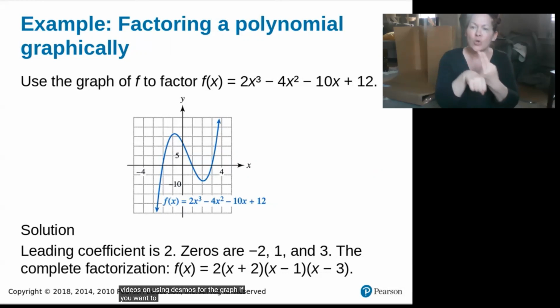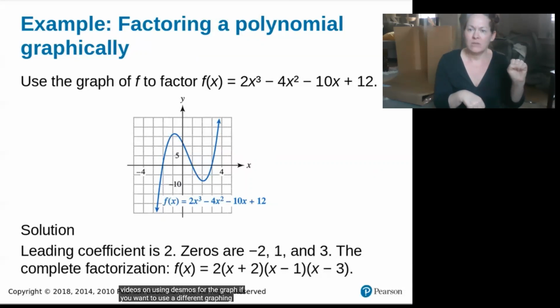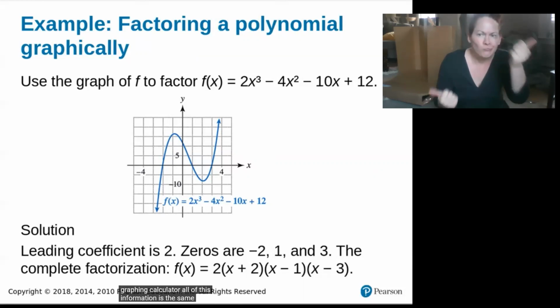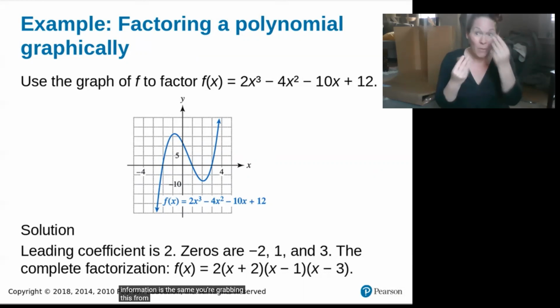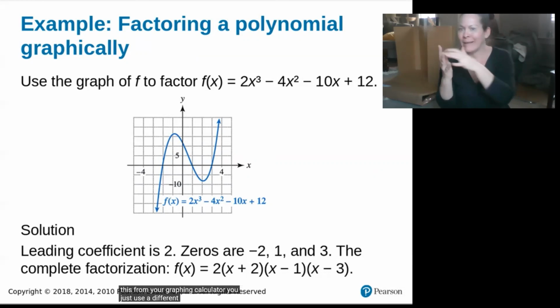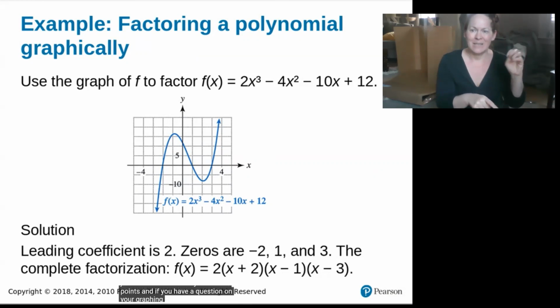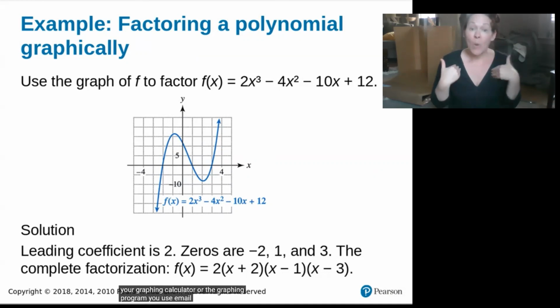If you want to use a different graphing utility, like your graphing calculator, all of this information is the same. You're grabbing this from your graphing calculator. You just use a different utility to find the points. And if you have a question on your graphing calculator or the graphing program you use, email it to me. I will try to do some demos with that.